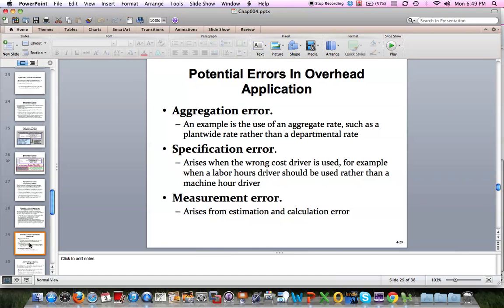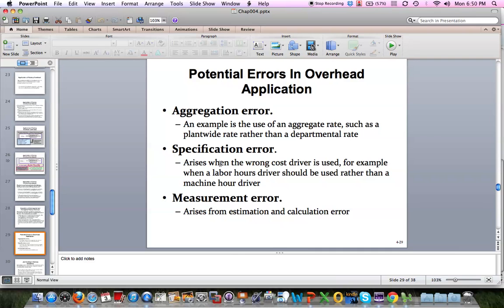Also, they talk about potential errors in overhead application on the bottom of 106 and the top of 107. The first one they talk about is what they call an aggregation error. An example is the use of an aggregate rate, such as a plant-wide rate, rather than a departmental rate.